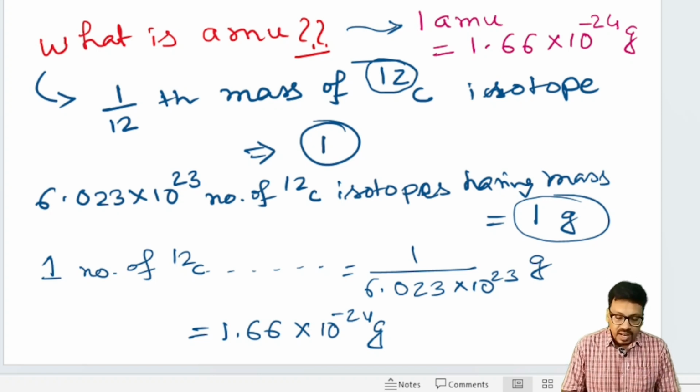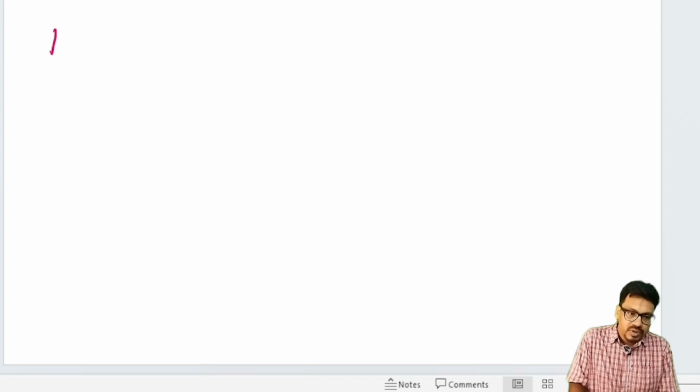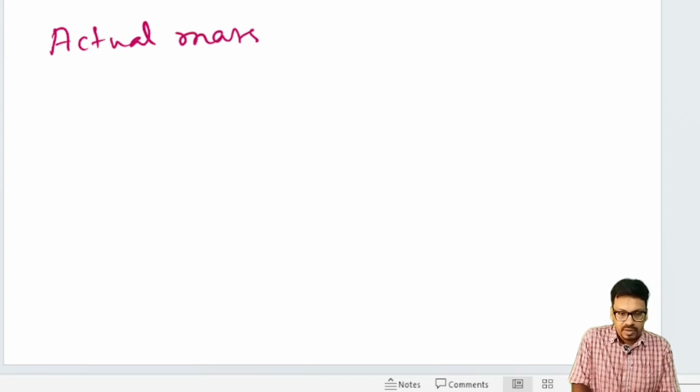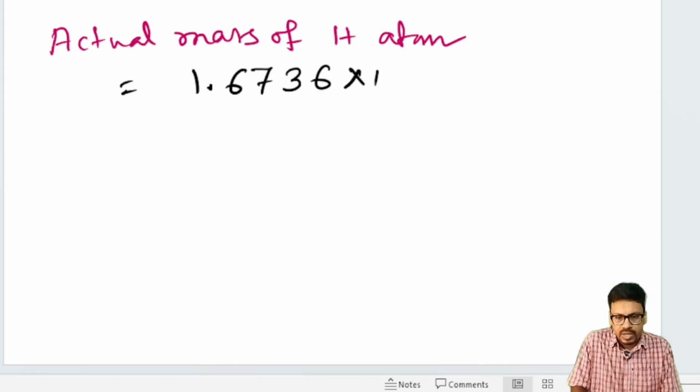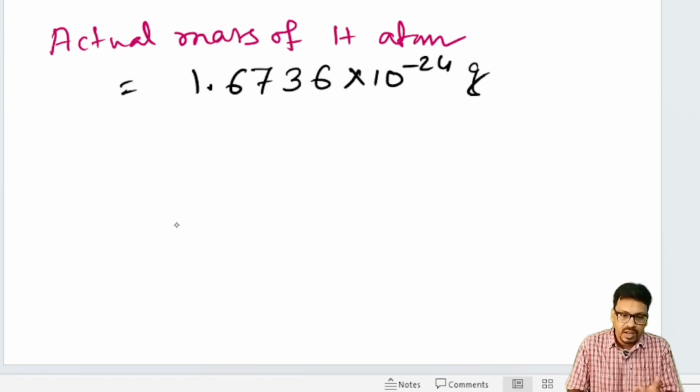Now, what is the actual mass of hydrogen? Mass of a hydrogen atom is 1.6736 into 10 to the power minus 24 gram. This is the actual mass of the hydrogen atom, the 1H1 atom.